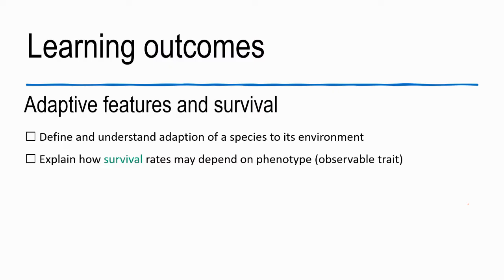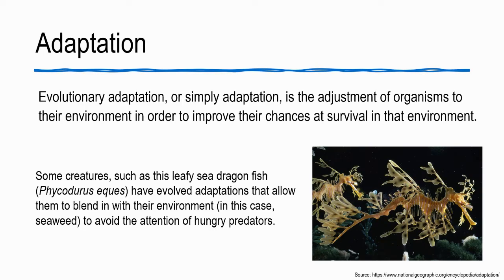So we're going to talk about the definition and understanding of adaptation of a species to its environment and explain how survival rates may depend on the phenotype or the observable trait. So adaptation, also known as evolutionary adaptation, is the adjustment of organisms or living things to their environment in order to improve their chances of survival in that environment. And this is a little example.